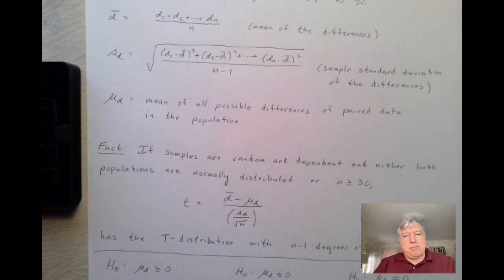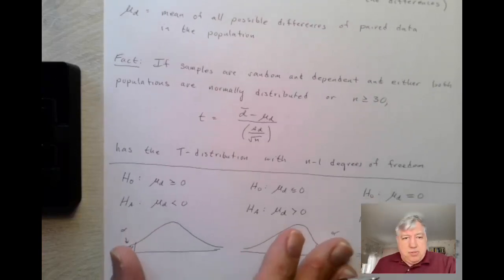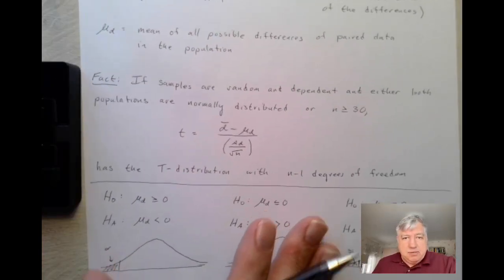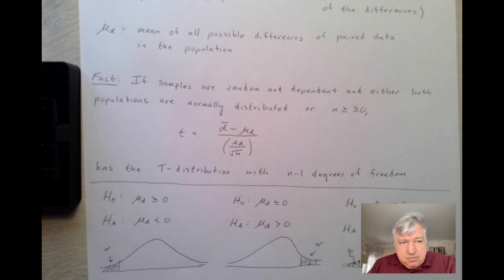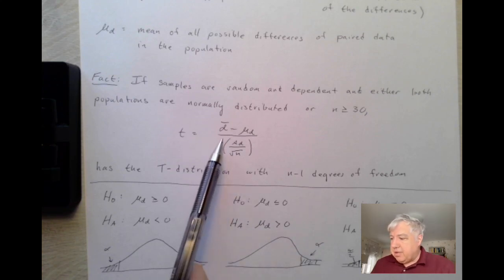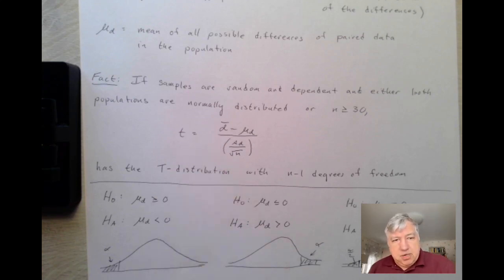So how do we do this? Well, we just have to think about what's the probability distribution and what's our standardized statistic. In this case, if the samples are random and dependent, and either both populations are normally distributed or the sample size is at least 30, then we define this number t to be the quotient d bar minus mu sub d over the quotient s sub d divided by square root n.